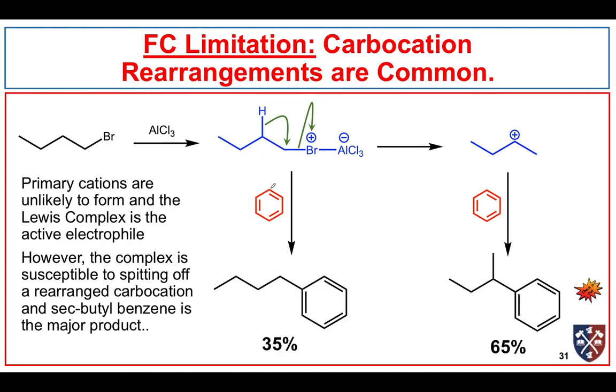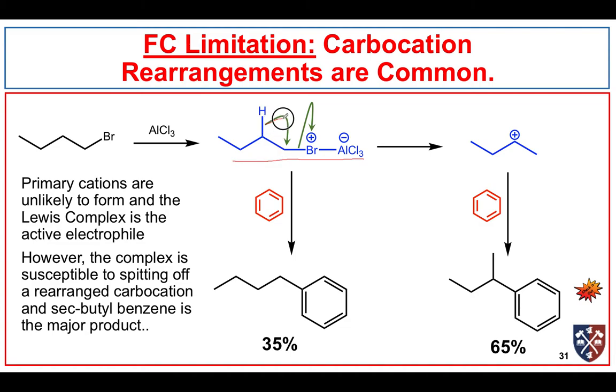That can vary depending on your conditions, but because primary cations are so unstable, it's believed that the active electrophile in this case is the Lewis adduct that's formed upon the addition of the Lewis acid. That can rearrange.